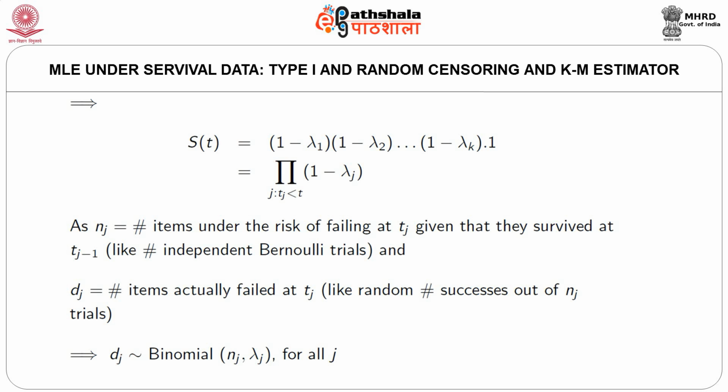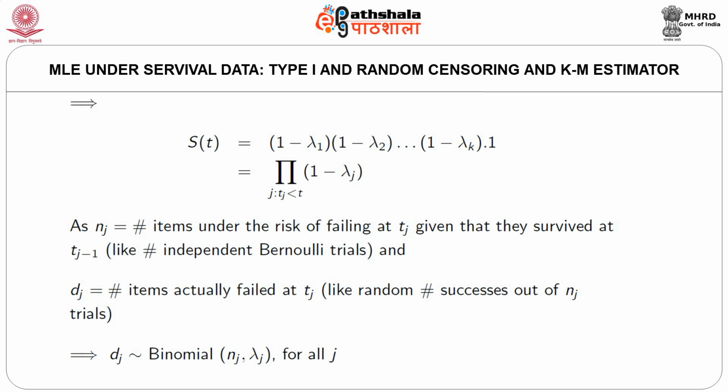The last probability was the probability that T is greater than small t given T is greater than tk. Now we know if the lifetime T is greater than tk, then the next failure time is tk plus 1. So if T exceeds small tk, then T definitely exceeds small t also. So that is why it is a sure event and its probability is 1.